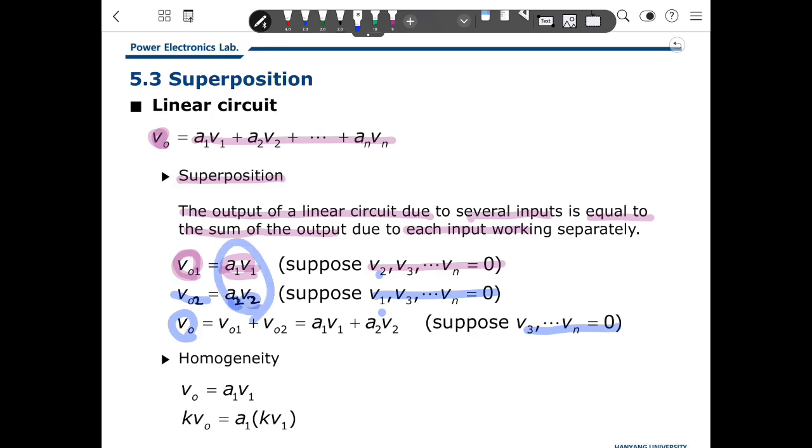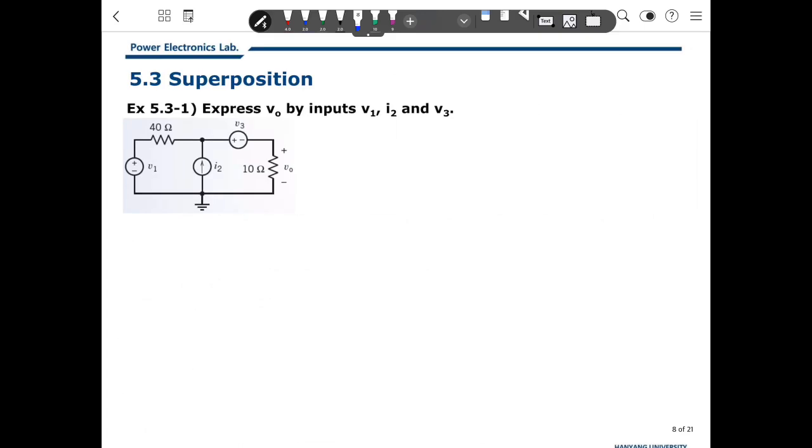Then you can say superposition is satisfied here. And homogeneity means if we apply V1, the value is VO. Then if we apply V1 multiplied by K, then VO will be multiplied by K. That is the homogeneity. So I'll give you one example, a simple example here.